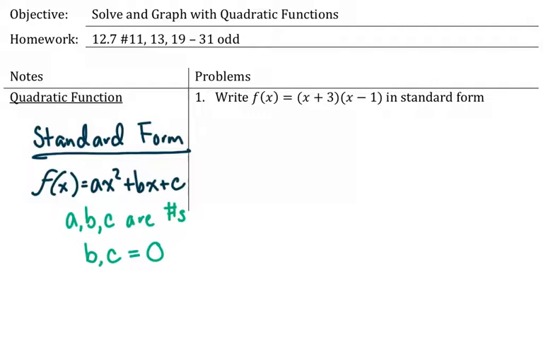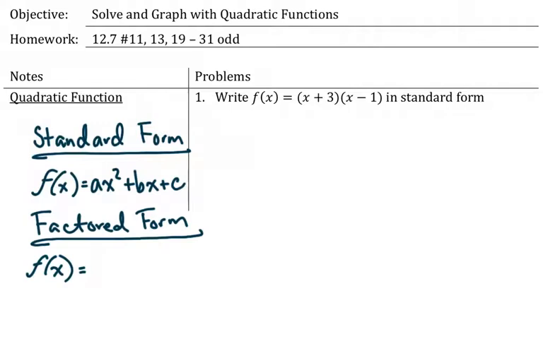What you might notice here in number 1 is that this is not in standard form. That's the first goal that we're going to have. This is called factored form. Now, in factored form, like you would hopefully deduce, we're talking about factors, meaning multiplication.